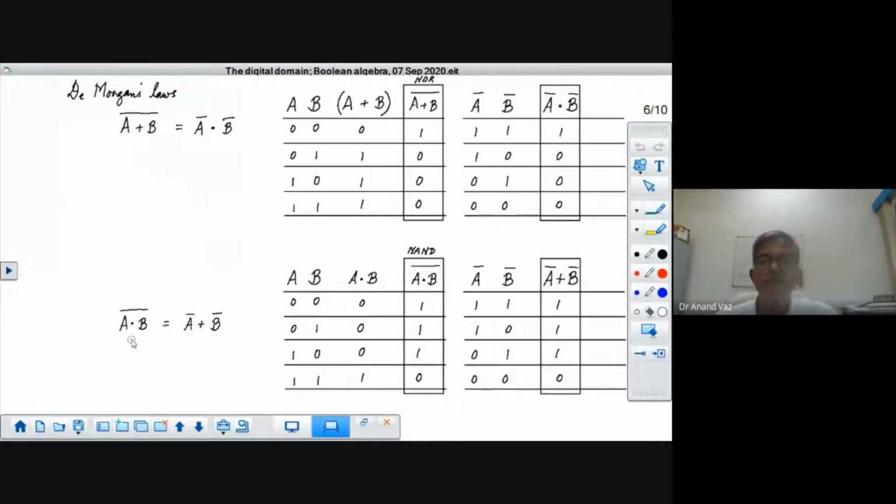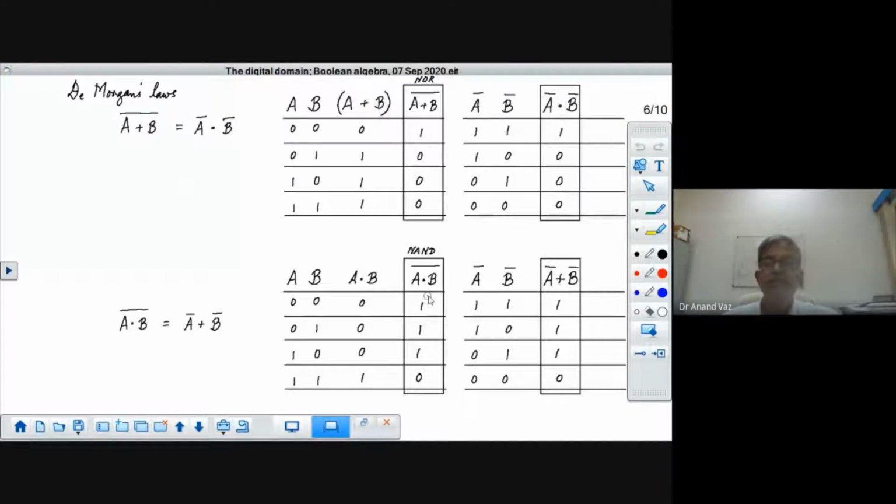In the same way, you can also check whether A NAND B is equal to not A or not B. This is the second law, and you can check for the left hand side.